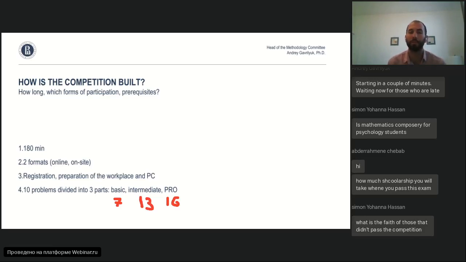If you mean that somebody takes part in the competition and fails, that doesn't mean much for the admissions commission. You just don't earn this sort of admission, but you can enter the university by other means.